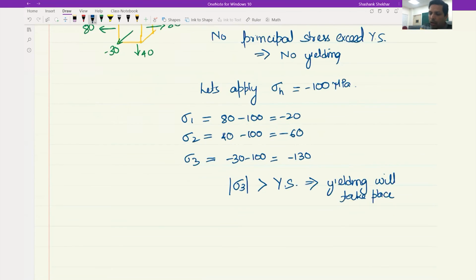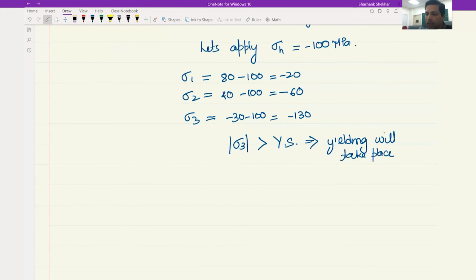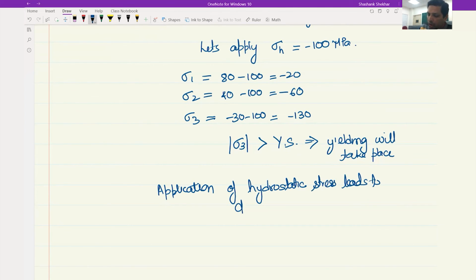So here what has happened is that application of hydrostatic stress leads to a change in yielding condition.